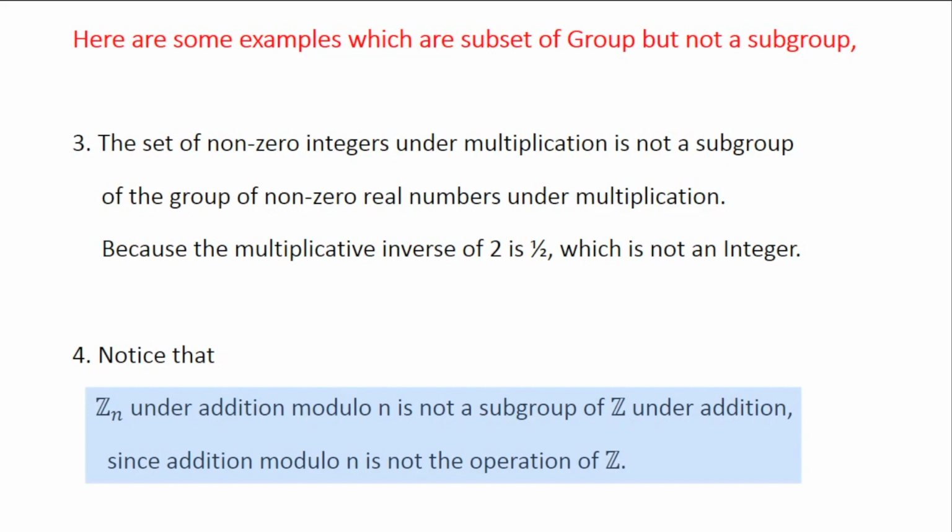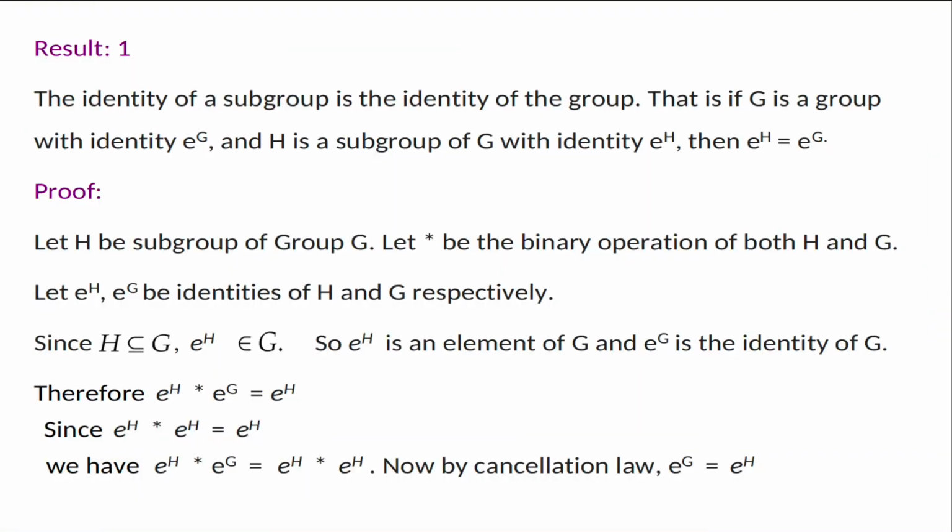In the last module, we learned that the identity of a group is unique. If it is unique, then what will be the identity of the subgroup? Let us see the first result. The identity of a subgroup is the identity of the group.